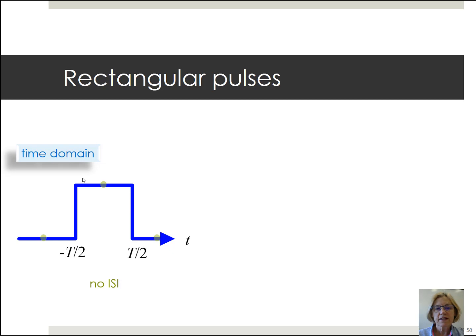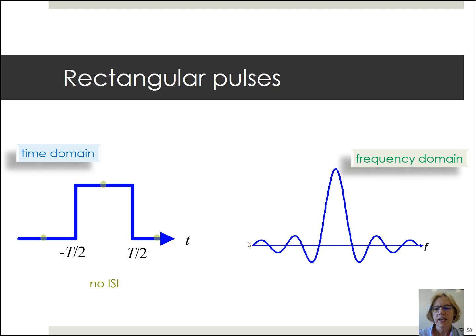But with this choice in the time domain, which has these great characteristics of a particular bit being isolated to a particular time slot, what we see in the frequency domain is a sinc function. That comes from Fourier transform theory: I start in the time domain with a rectangle, and in the frequency domain I have a sinc.